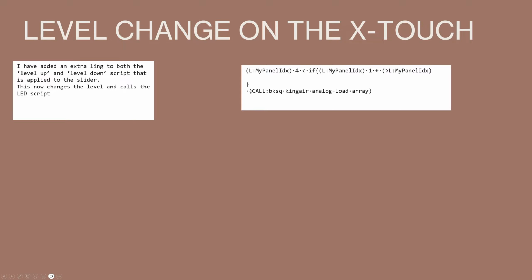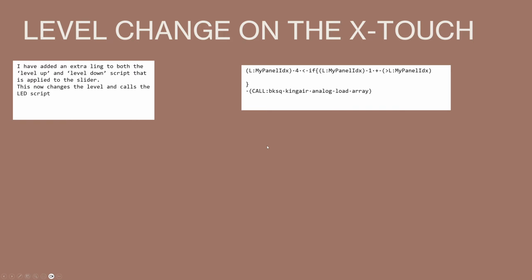And there will also be the same thing on the script to go down the levels, which we've already seen on a previous video, where you'll be subtracting 1 from the value, just checking you haven't gone below 0. So that's it. That's the level changes. Level changes trigger the text change, and the text change triggers the LED on your X-Touch, so you can see where you are. So that's it.